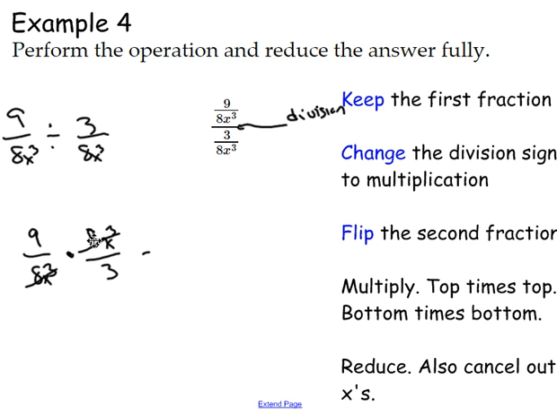So you can cancel those out. You could only cancel out stuff that's on the top with stuff that's on the bottom. So you could have canceled these out, and you would have gotten 9 over 3, which is equal to 3. And you could have done that same process of cancellation that I did here, or reduction, with the other examples as well.